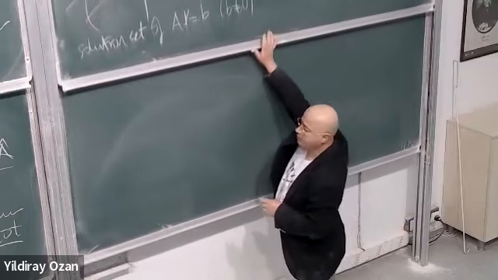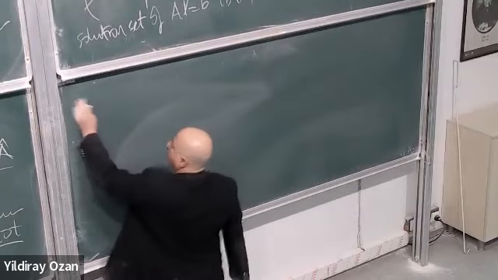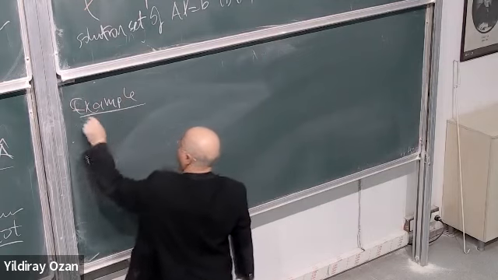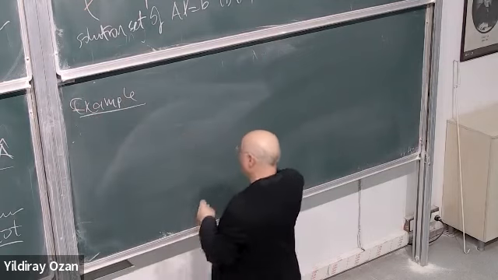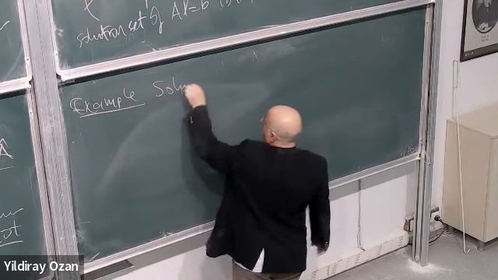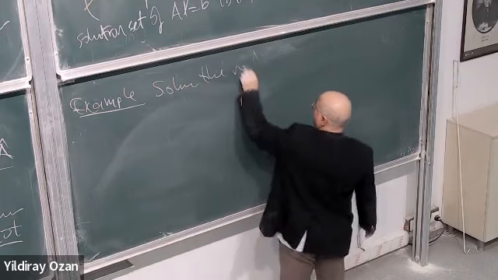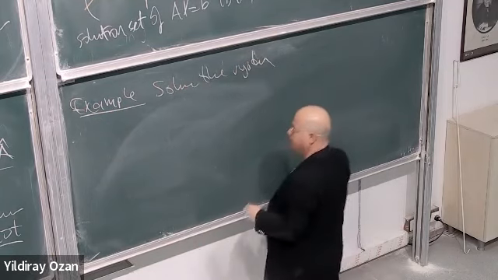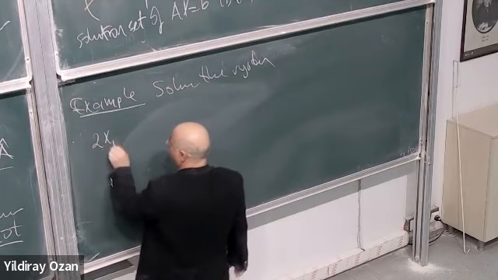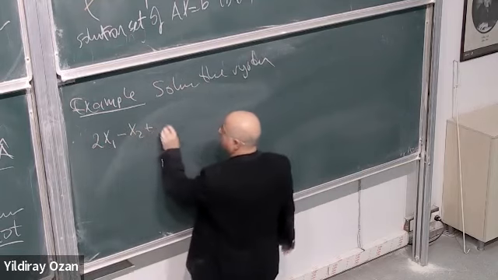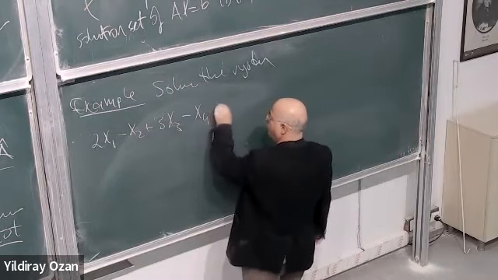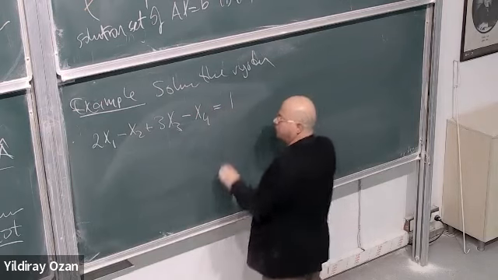Let's do one example. So the system. Okay. Let's say 2x1 minus x2 plus 3x3 minus x4 equals 1.